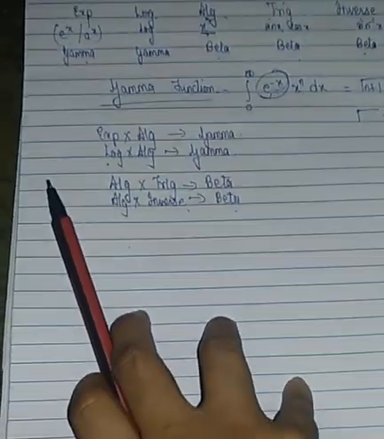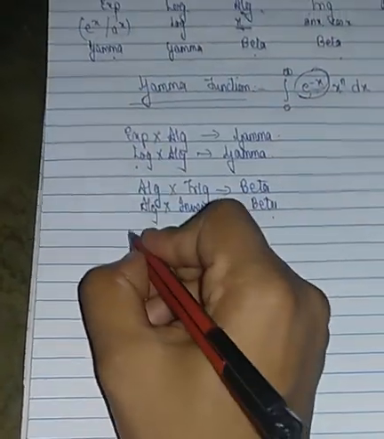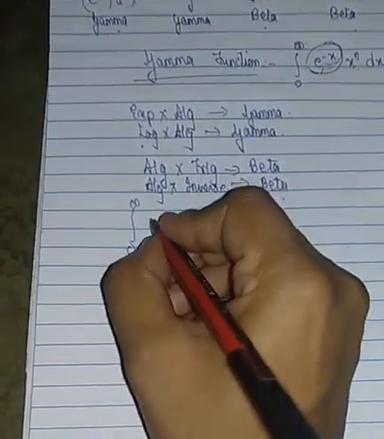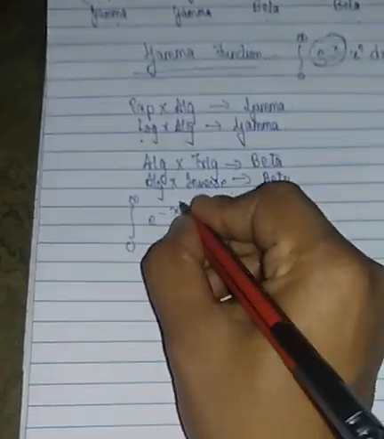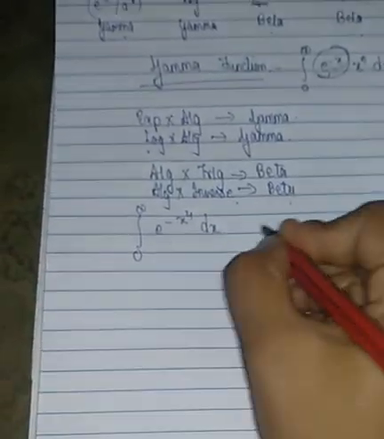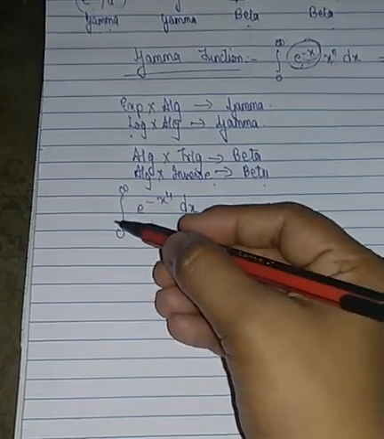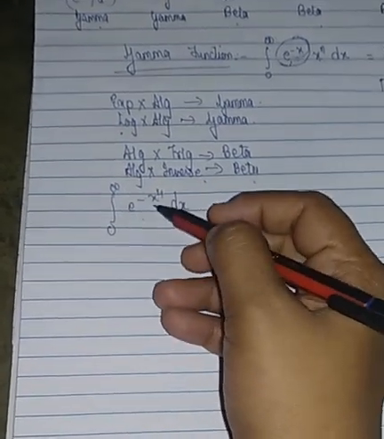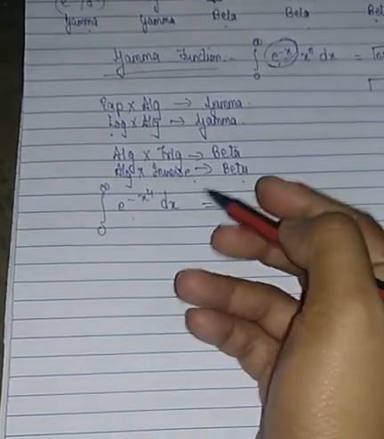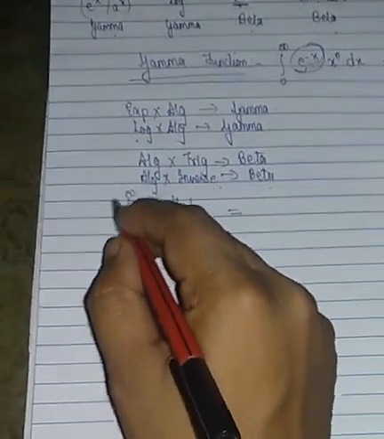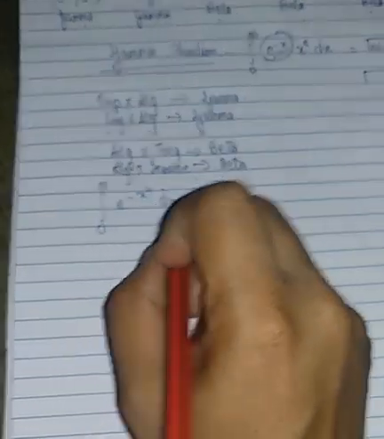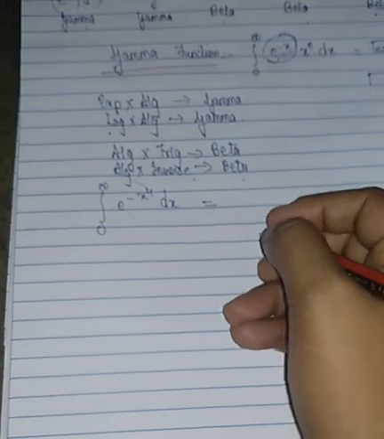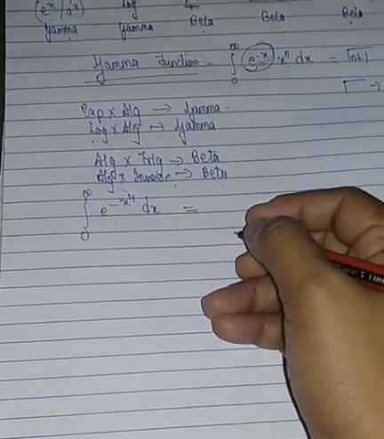So the first problem that we'll start with today is of the form integral 0 to infinity e raised to minus x raised to 4 dx. Since it is of the form 0 to infinity e raised to minus x raised to 4 dx, this is bound to give me a gamma function. Whenever we start with the gamma function, I'll be interested only in the exponential term.